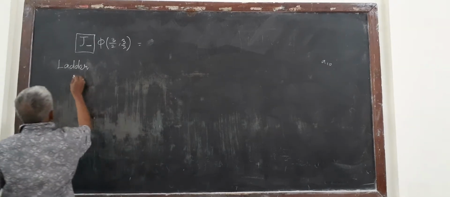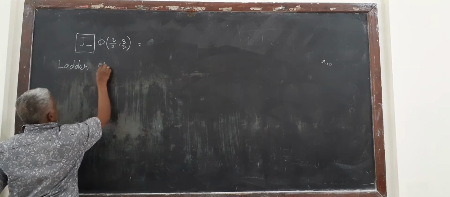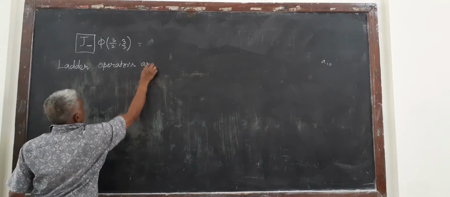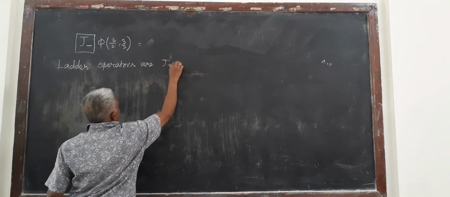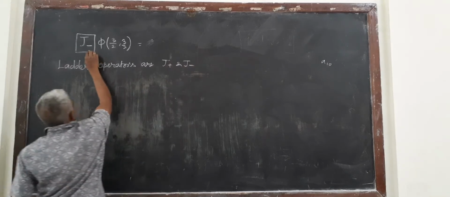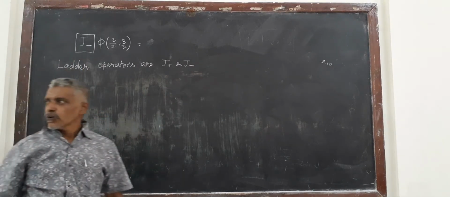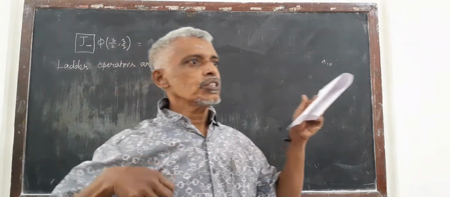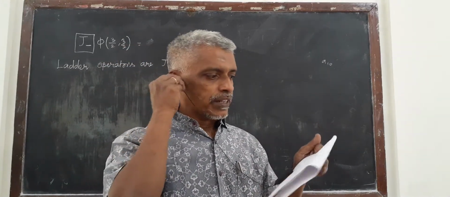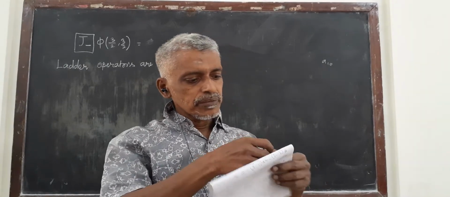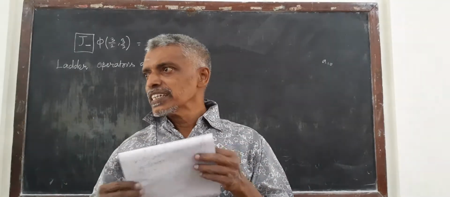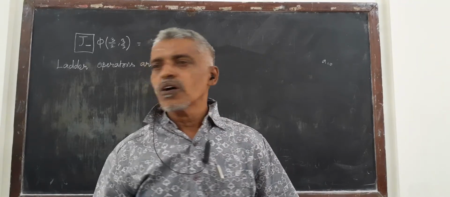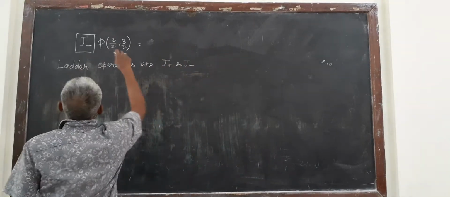So, you know that the ladder operators are J plus and J minus, and this is one ladder operator. Now, what is the use of that, the purpose of that? To get the eigenvalue of this state function.